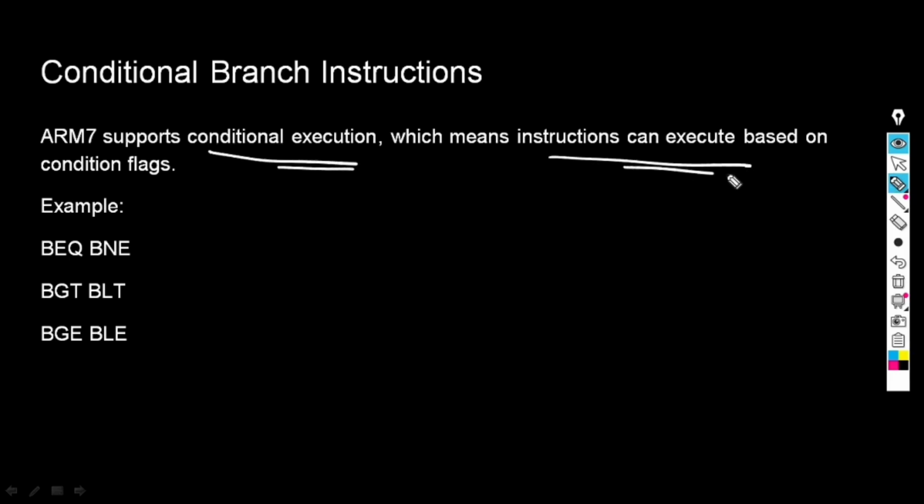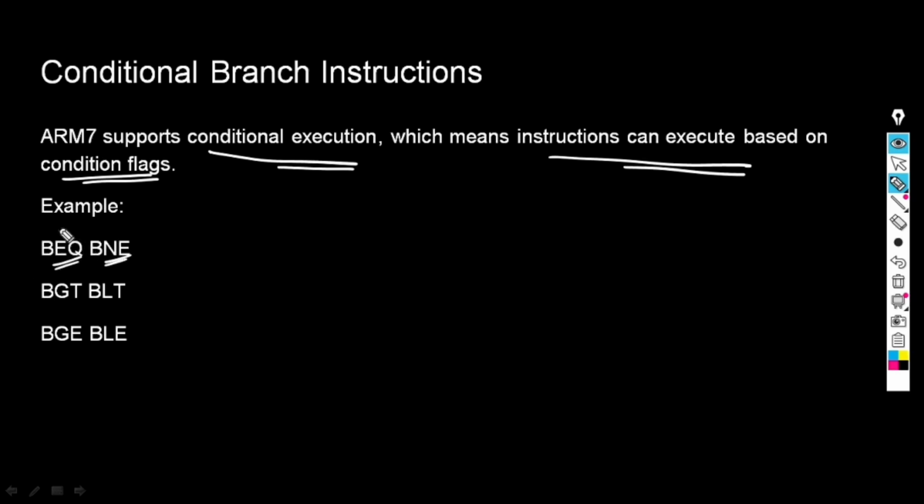Instructions will be executed based on the conditional flags. Only if the determined conditional codes are true, then that particular branch will occur. If that particular code is not true, in that case the branch won't happen.